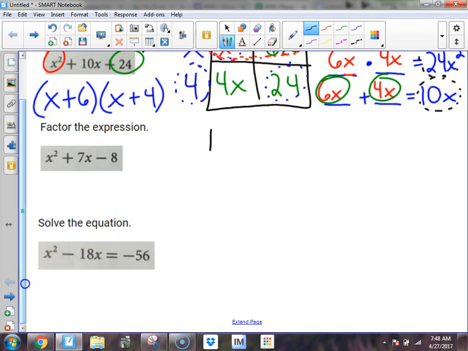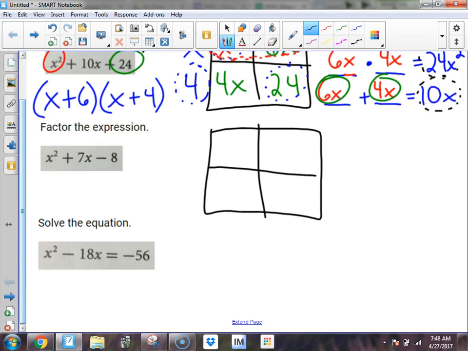We have our box. Top left, our x squared. Bottom right, negative 8. Oh, sorry, thank you. Negative 8 is what I meant to put down. Thank you, thank you.